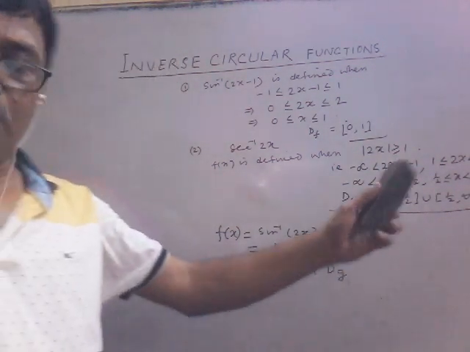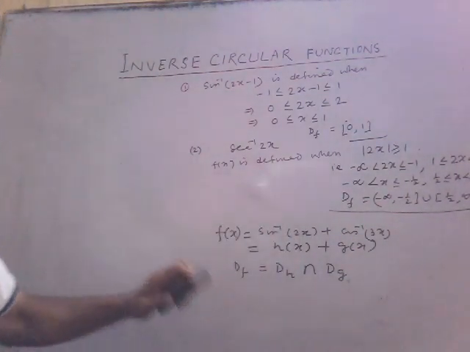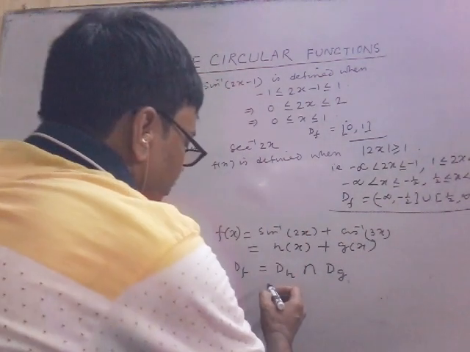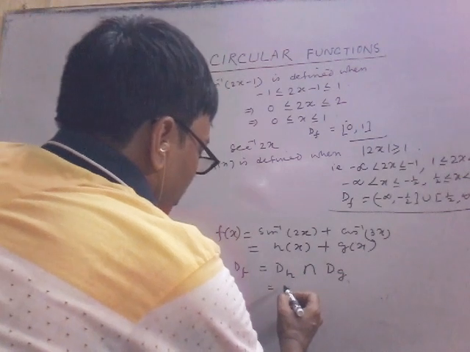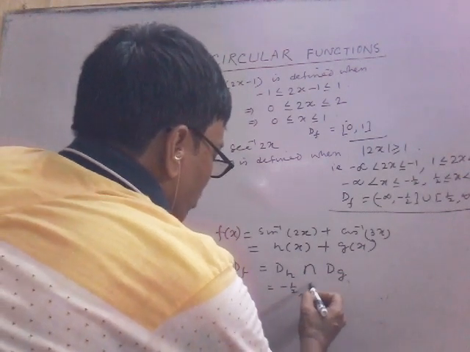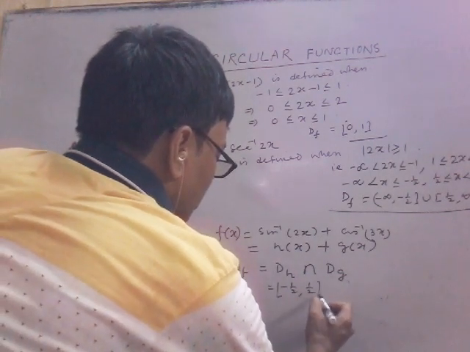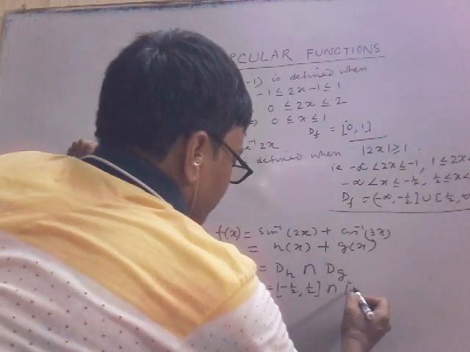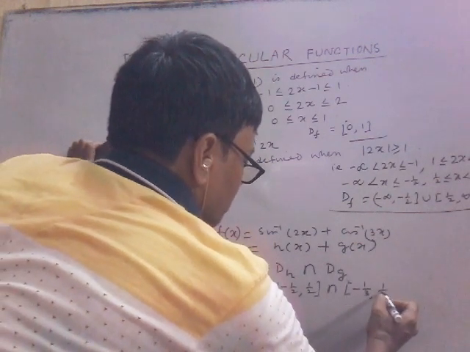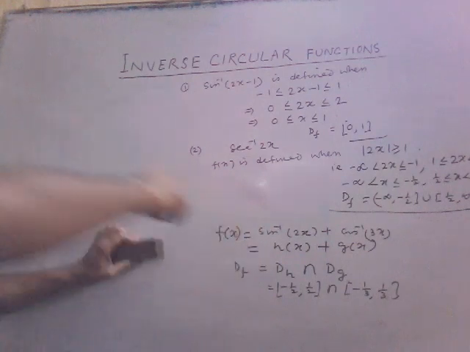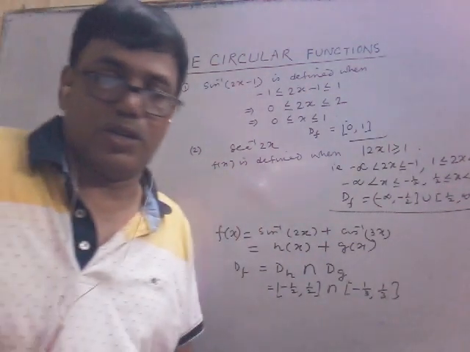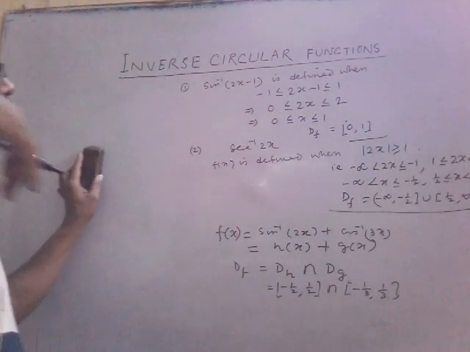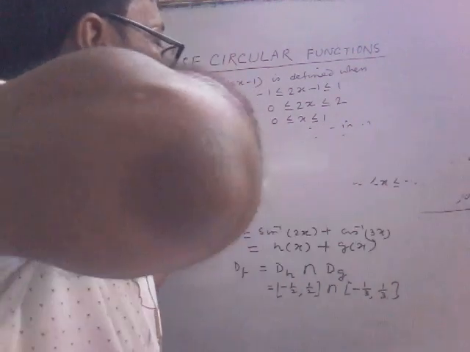Now these are simple problems, so we can write the domain directly. So it is minus half comma plus half intersection minus 1 by 3, plus 1 by 3. So what is the common part?